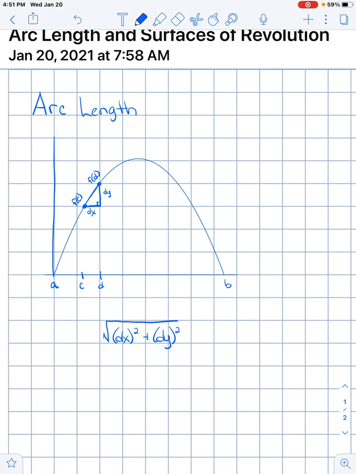So if I just find an infinite number of hypotenuses from A to B, that'll give me the length of that arc. And we know that integration really helps a lot with that because integration is accumulating those values over time. And I'm going to find the antiderivative or the integral from A to B. It's going to accumulate all of those little segments.